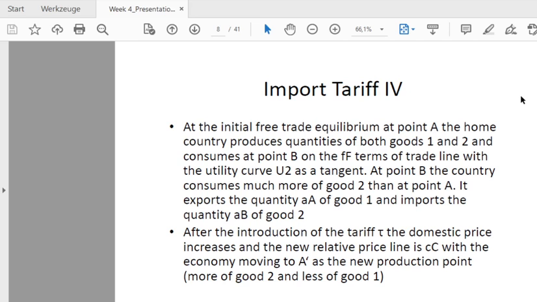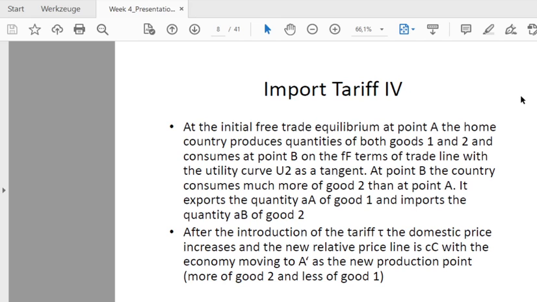At point B, the country consumes much more of good 2 than at point A. Point A was the production point, and point B is the consumption point. The country exports the quantity aA, lowercase a, uppercase A, of good 1, and imports the quantity aB, lowercase a, uppercase B, of good 2.